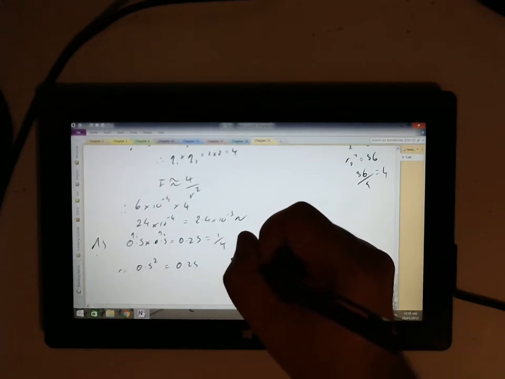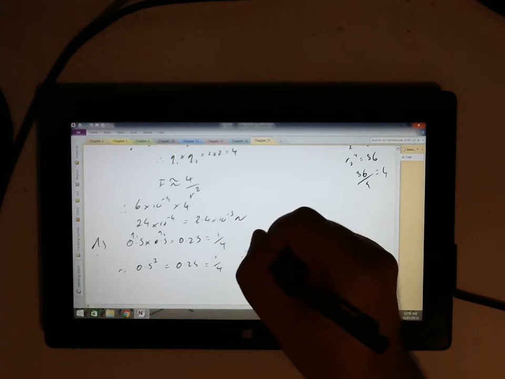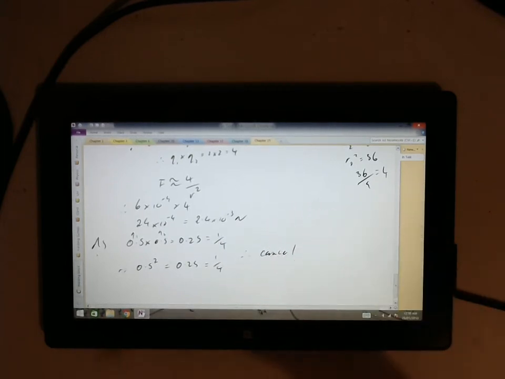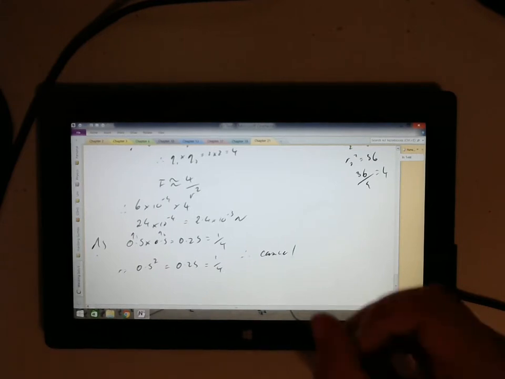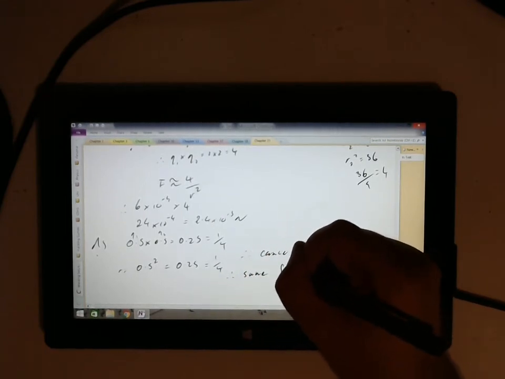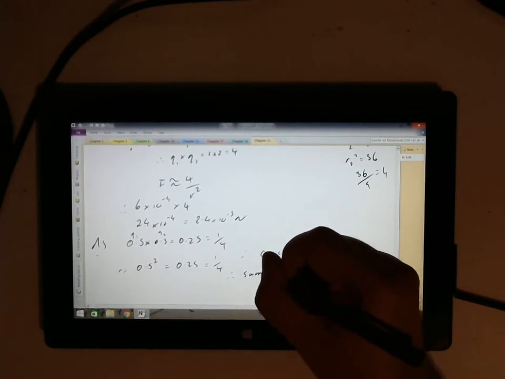So we're going to have 0.25 over 0.25. So therefore it would cancel, because the top is going to be reduced by 1/4, but the bottom is also going to be reduced by 1/4, and so the quarters cancel, which equals therefore same force. Sorry, same is spelled with an M, not an N.